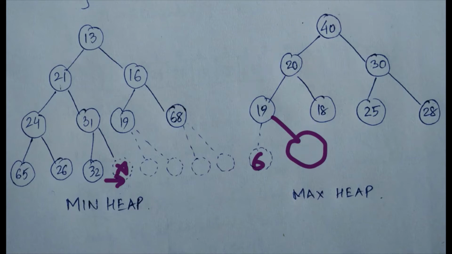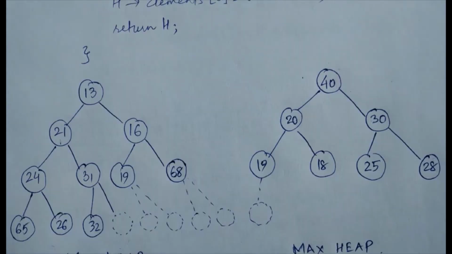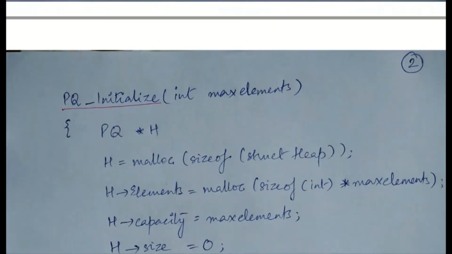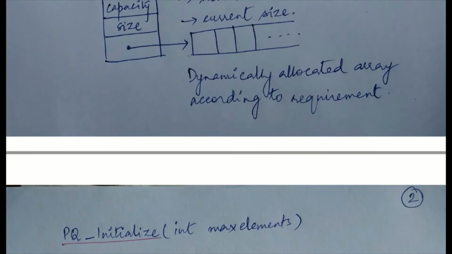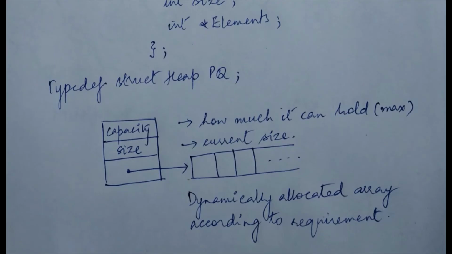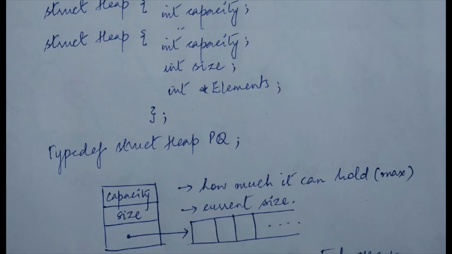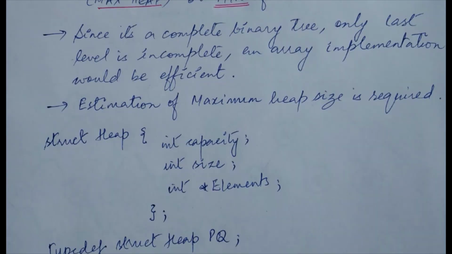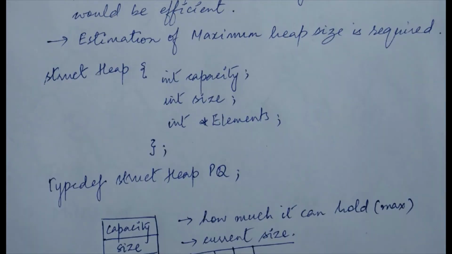So before we actually go into the implementation, let's see how we can define a heap so that we have a flexible heap definition, so that we are not restrained in terms of the number of elements it can carry or its capacity. So we define a structure called heap which has 3 elements. One is the capacity. Let's say in the beginning I only think I'll need 100 elements in the heap, so I'll say the capacity of my heap is 100.